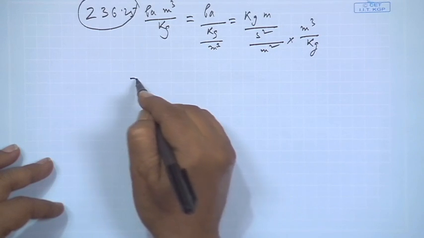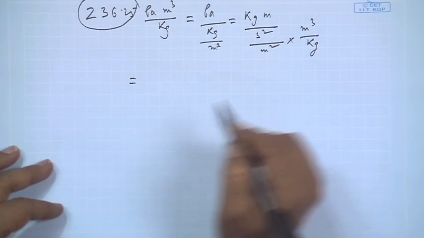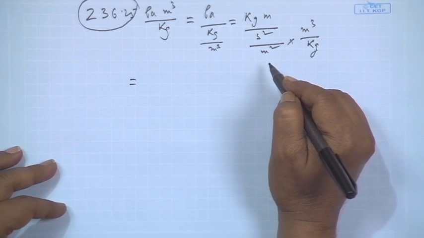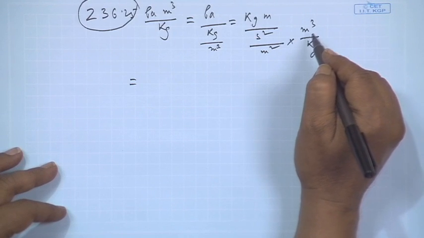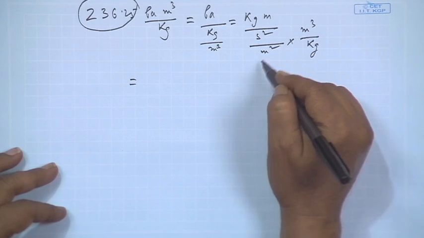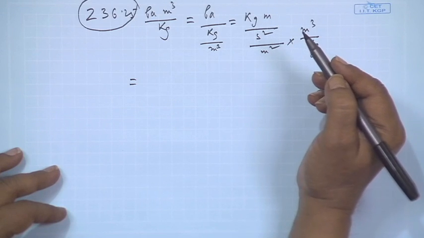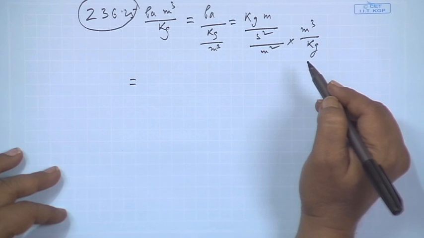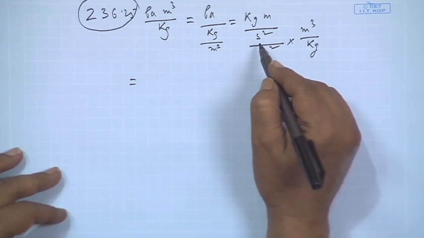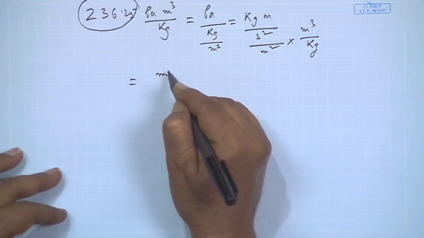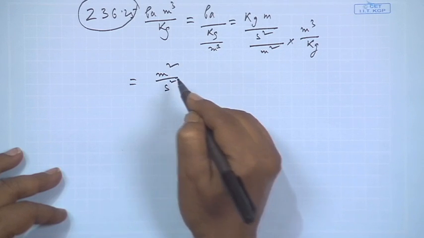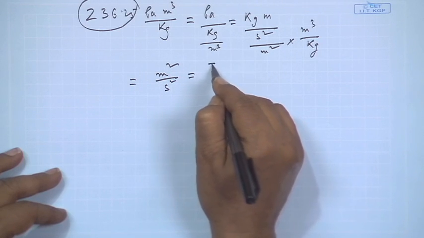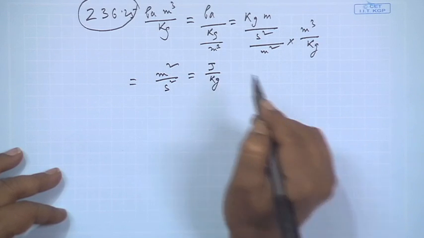So, meter cube and meter square, this goes out, and with this meter it becomes 1 meter, and the kg goes out. So, 1 meter square and 1 second square remain. So, we can write meter square per second square.